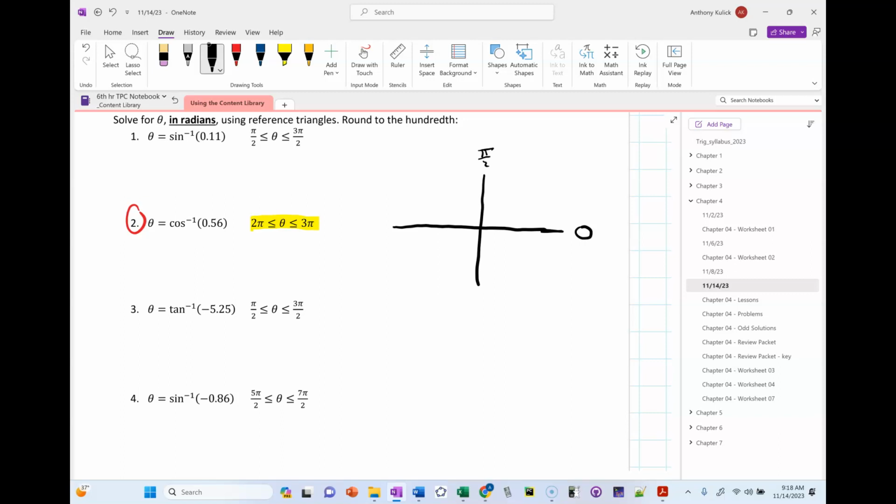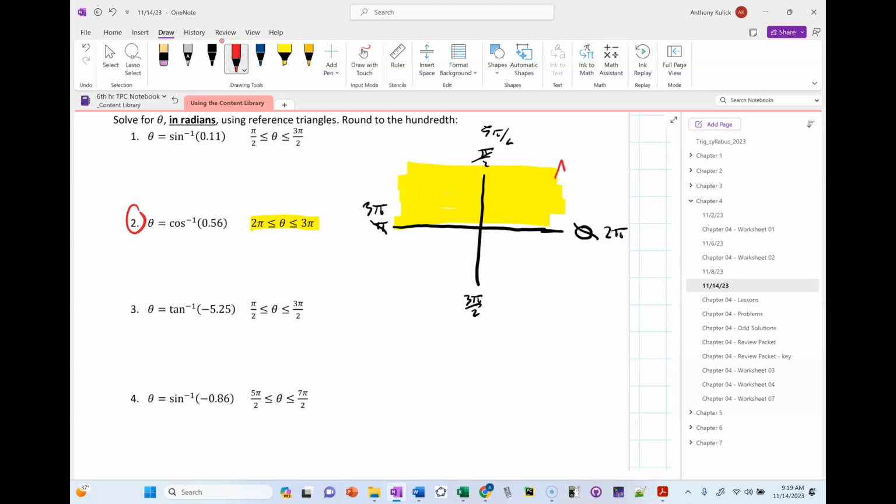So 1/2 pi, 2 halves, 3 halves, 4 halves, 5 halves, 6 halves, and that's now covered from 2 pi to 3 pi, right?